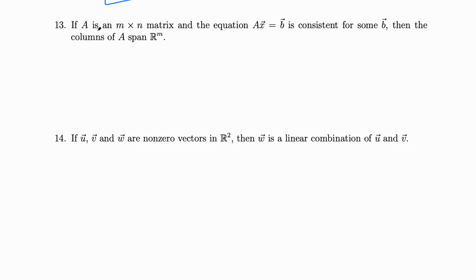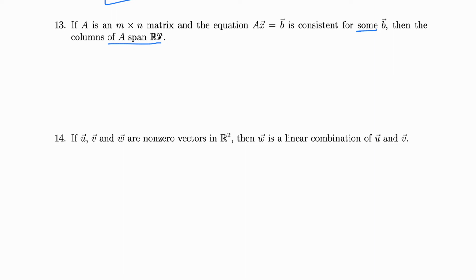So if A is an m by n matrix and the equation is consistent for some b, not for all, some b, obviously that comes from Rm, then the columns of A span Rm. So we should be able to see the columns of A span Rm.